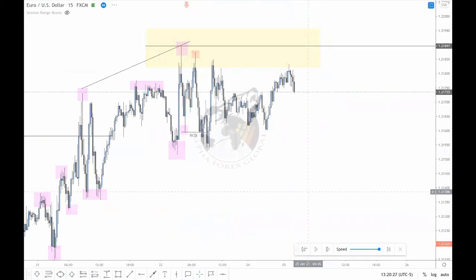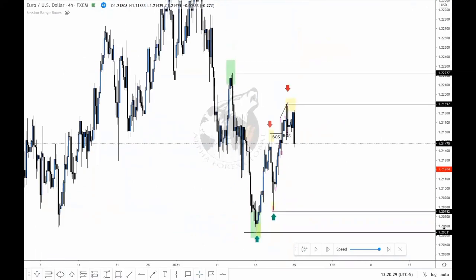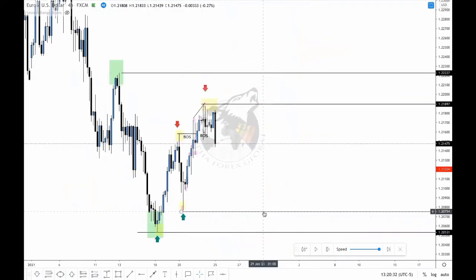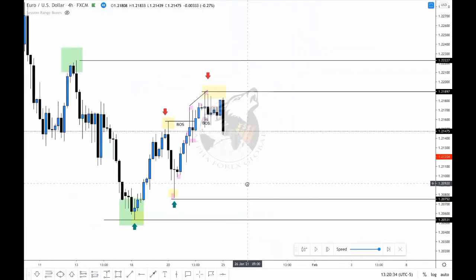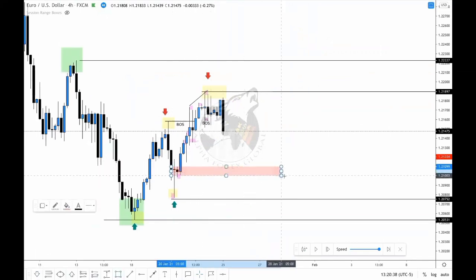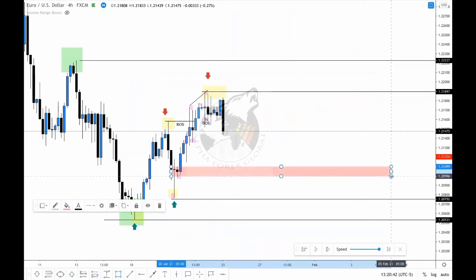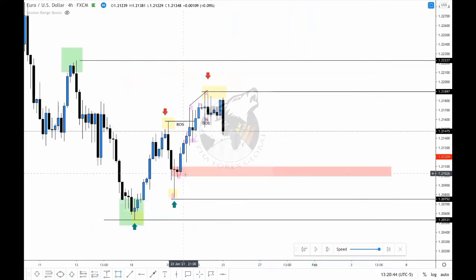All right, so first let's identify where the market could possibly create that 1 hour higher low. So here we have this point of interest, and everybody should know what point of interest is by this point, and know how we draw point of interest and stuff like that. So this is a point of interest based on an order block that was left on the 4 hour time frame, right?